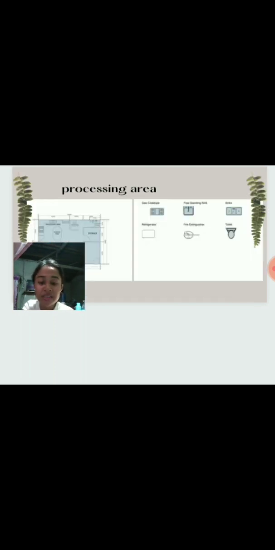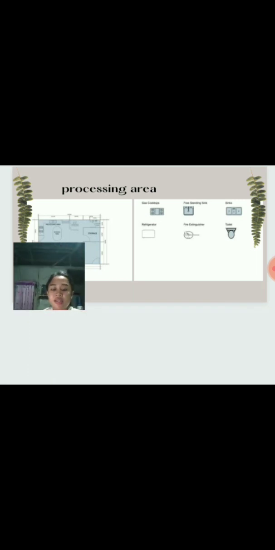In the processing area, we have the gas cooktops, freestanding sinks, refrigerator, fire extinguisher, and toilet.